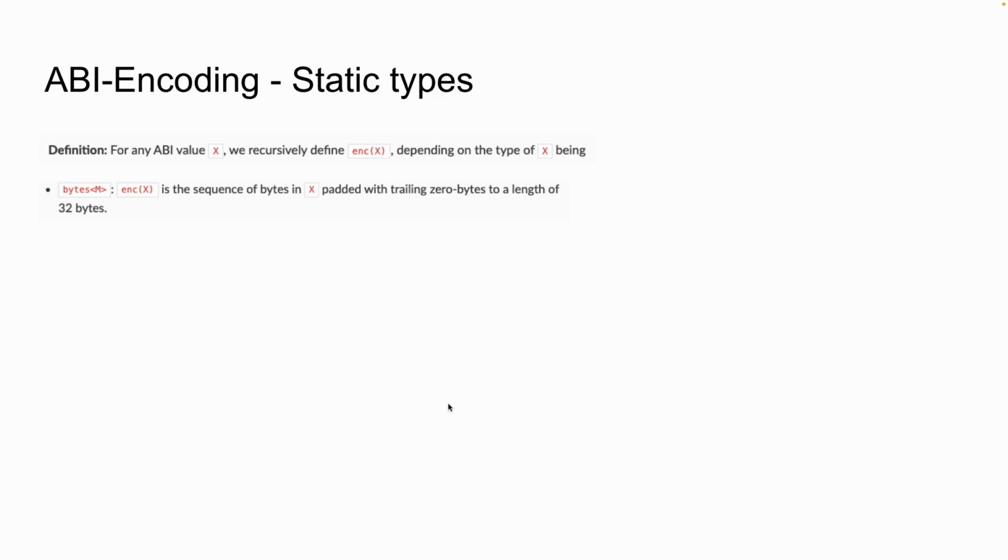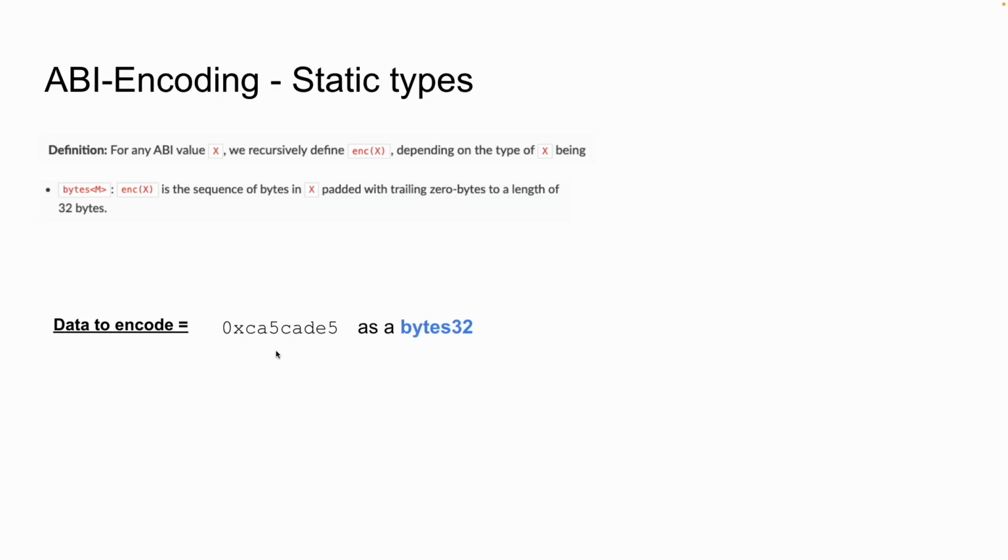Now let's look at another example with a fixed size bytes value, bytesM. So according to the ABI encoding format, bytesM is a sequence of bytes in X that's padded with trailing 0 bytes to a length of 32 bytes. Trailing 0 bytes means that the 0 bytes are on the right side.